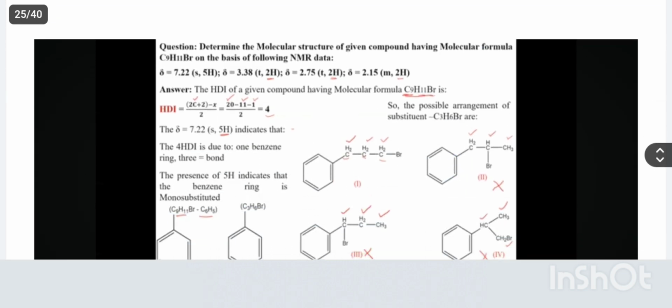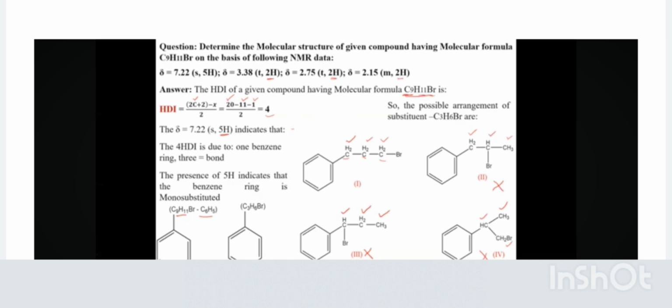Determine the molecular structure of the given compound having molecular formula C9H11Br on the basis of the following NMR data: δ = 7.22, δ = 3.38, δ = 2.75, δ = 2.15. The HDI of the given compound is (2C + 2 - x)/2 = (20 - 11 - 1)/2 = 4. δ = 7.22 indicates that the 4 HDI is due to 1 benzene ring, 3 double bonds.